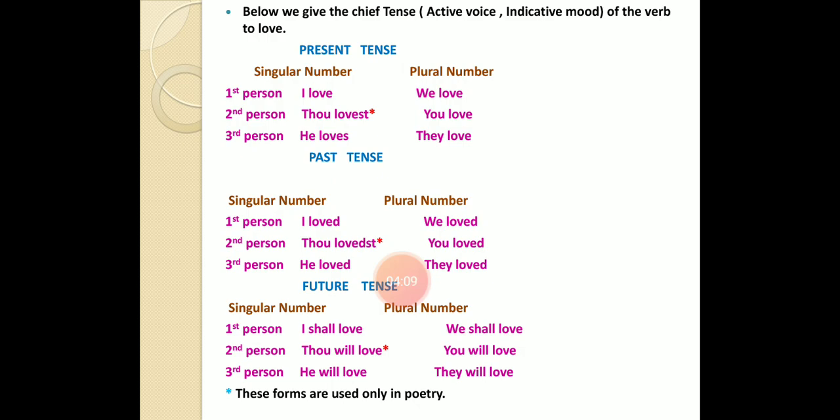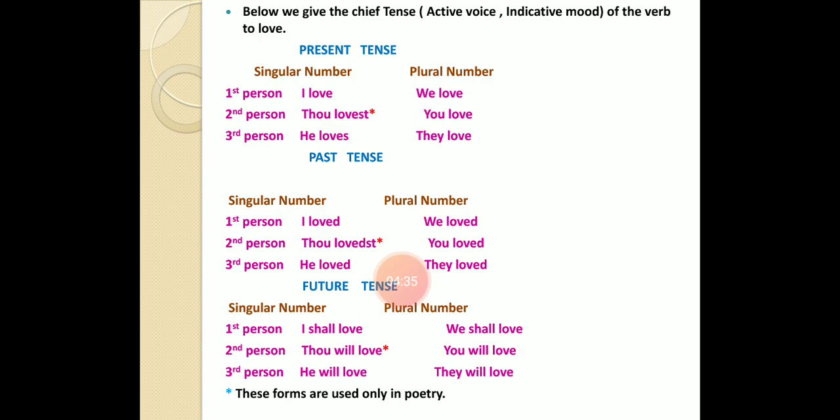Similarly, in past tense, first person, second person, third person. Singular number, I loved. Second singular number, thou lovest. And third, he loved. So in plural, I loved becomes we loved. Thou lovest becomes you loved in plural. And he loved changes into plural as they loved.